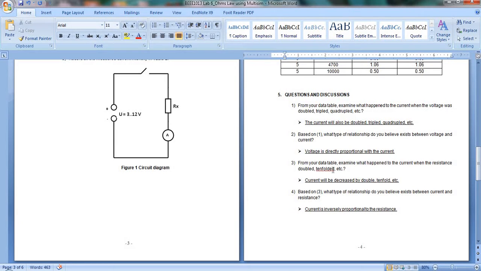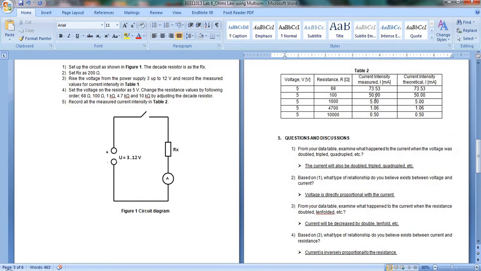Next, third question, what happened to the current when the resistance doubles, increases tenfold and so on? The current will decrease by double, tenfold and so on. The next question is what relationship exists between current and resistance?